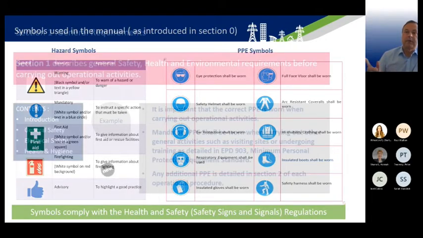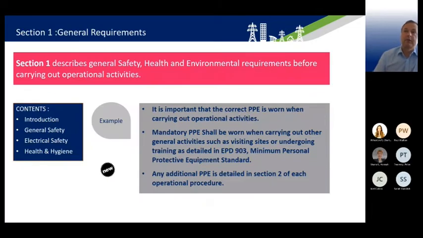So, section 0 and section 1. Section 1 is the general requirements. That's everything you need to do before carrying out work, before you actually start using a procedure. So that covers general safety, electrical safety, health and hygiene, and it also covers the correct use of PPE.